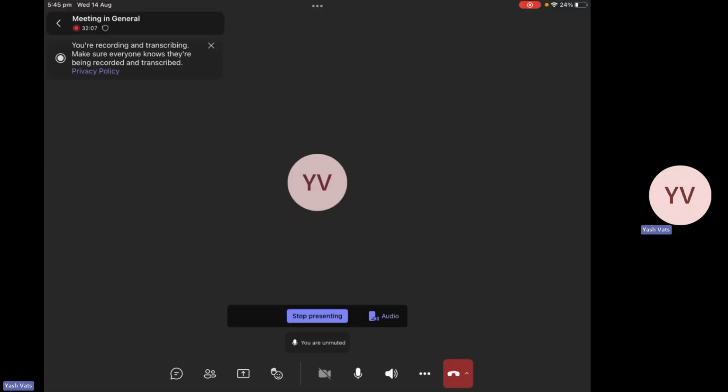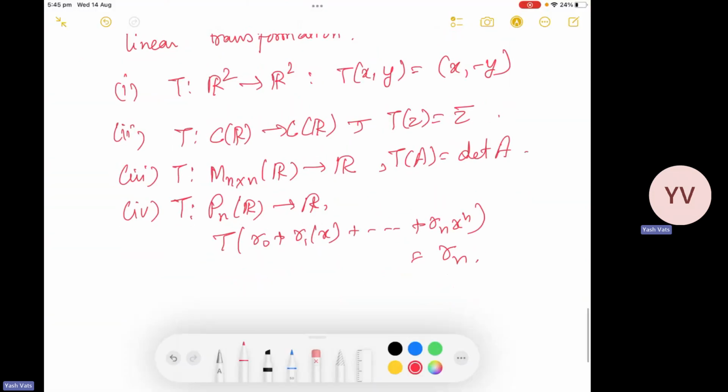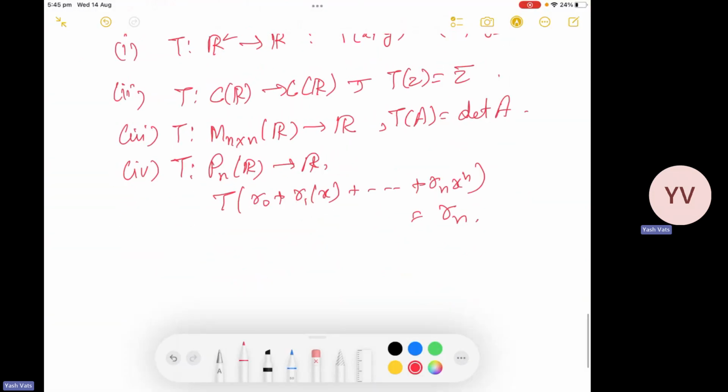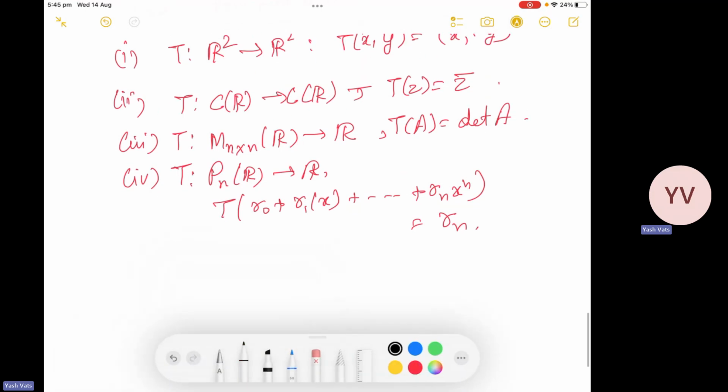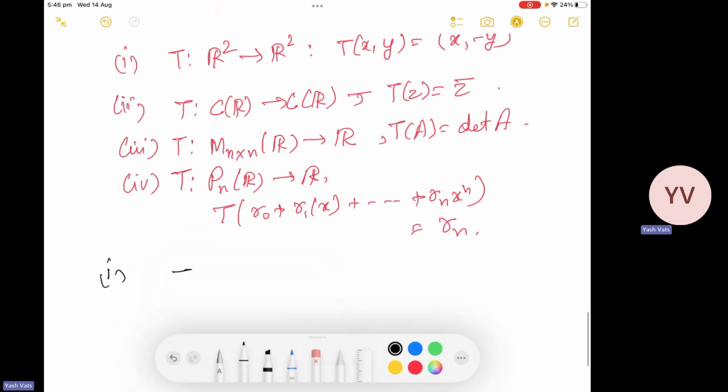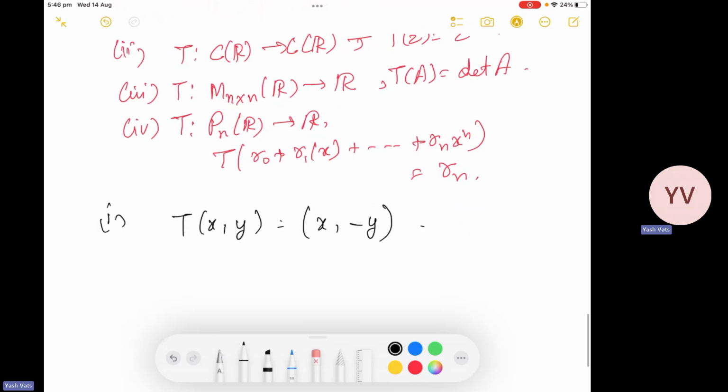So we just do that. T from R2 to R2, the first one is T(x, y) is x minus y. So how do you check it is a linear transformation or not?